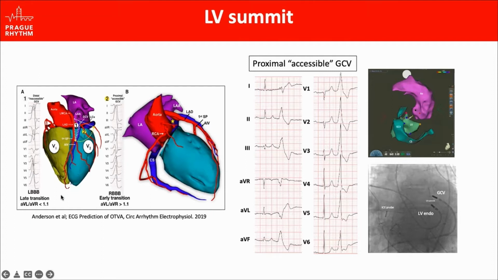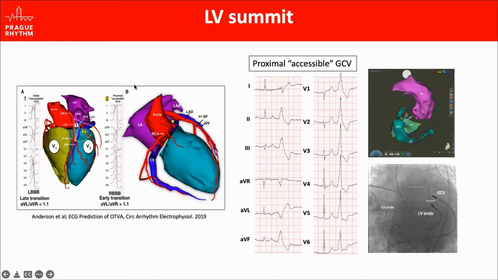And these two parts have unique ECG characteristics as well. The distal part has more LBBB morphology with late transition, and it has a more negative deflection in lead 1, and also QRS in AVL is less positive than QRS in lead AVR.